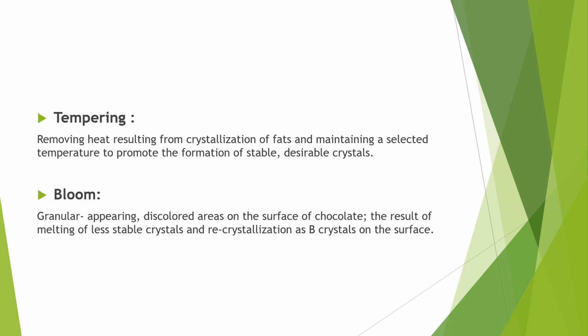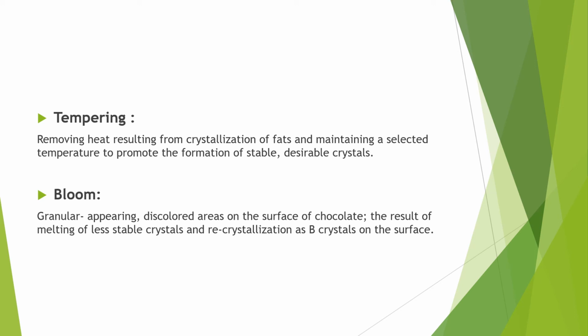In the manufacture of special fats for use in confectionery industries, fats undergo a process which is known as tempering that yields a product with a mixture of crystal shapes. What is tempering? Tempering is a process in which the temperature is carefully controlled by removing the heat as it is released when liquid fat crystallizes, that heat of crystallization.